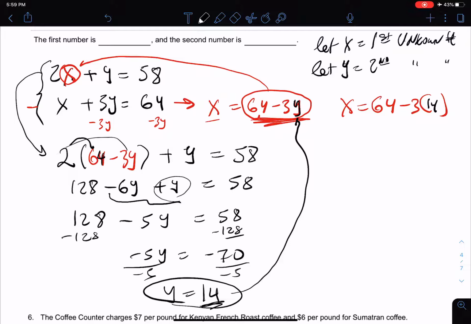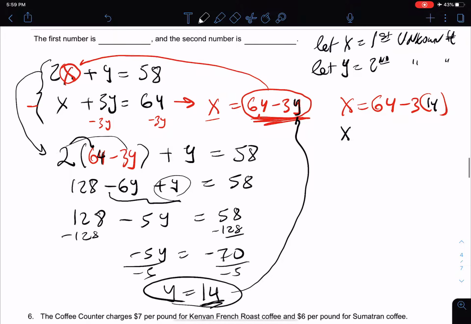Yeah, anyhow, so let's go ahead and solve. 3 times 14 is going to be 42, so it's negative. So we've got x equals 64 minus 3 times 14, which is 42. And 64 minus 42 gives me 22.